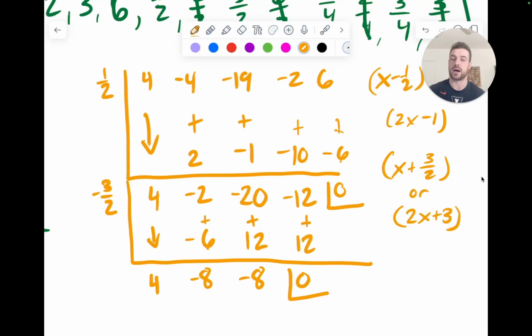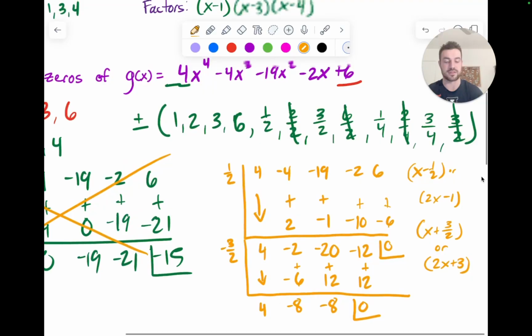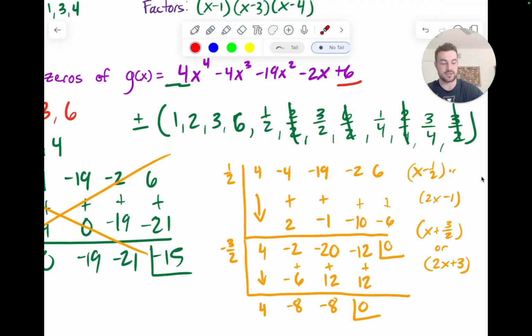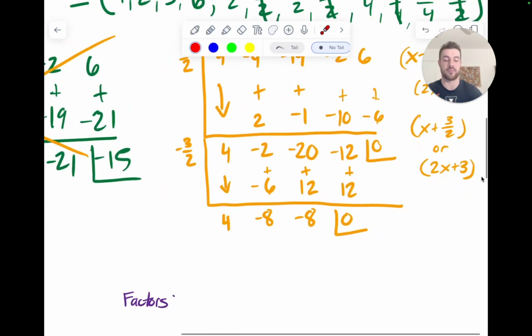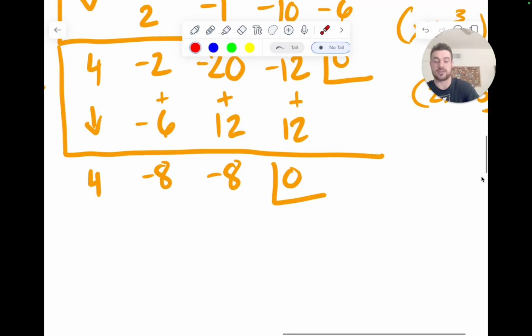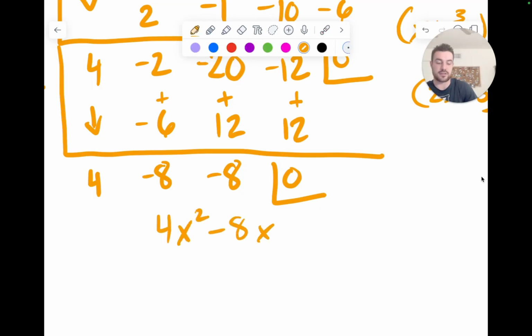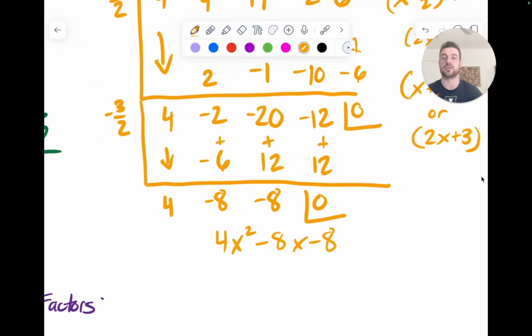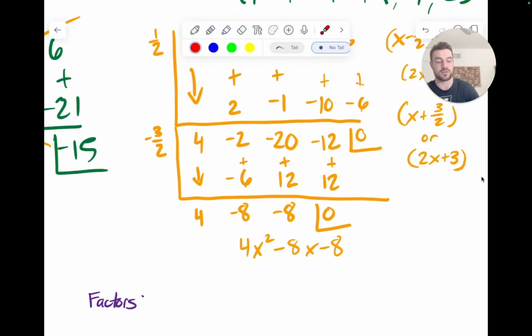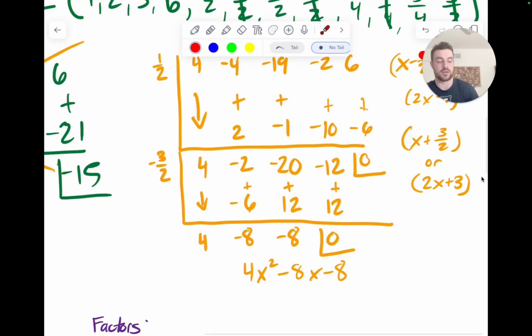All right, now we would continue this process where, again, I could take a look at my graph and see if there are any nice rational roots that I could get from this list and do my division with to simplify. But what we might notice is I end up with 4x squared minus 8x minus 8 after I divided out my two factors.